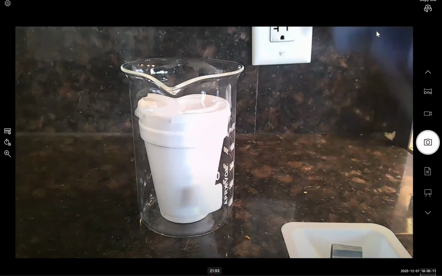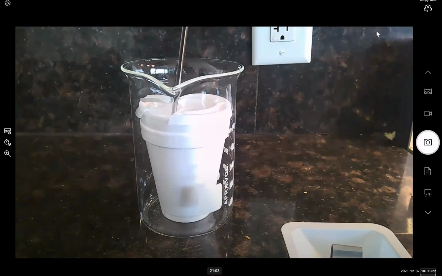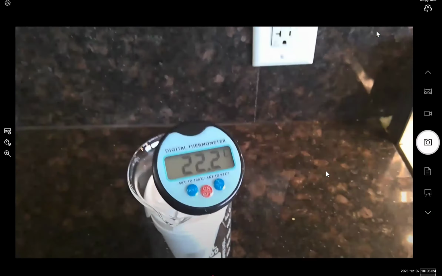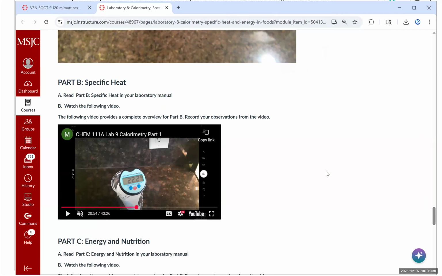Okay, so we have the coffee cup calorimeter, metal piece, and our heating setup. Here is the initial temperature of the water inside the calorimeter, 22.2 degrees Celsius.